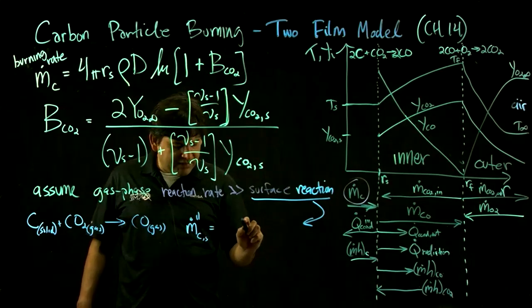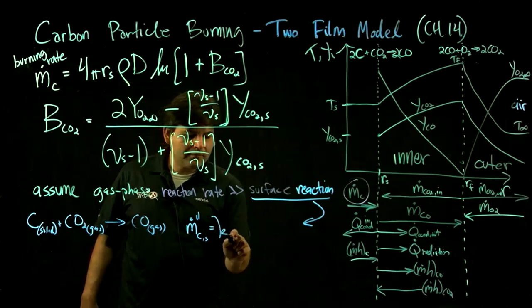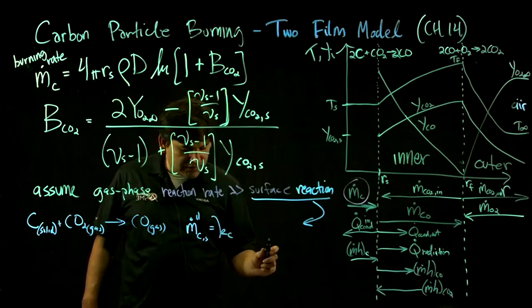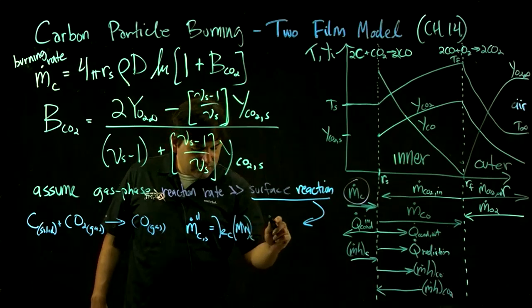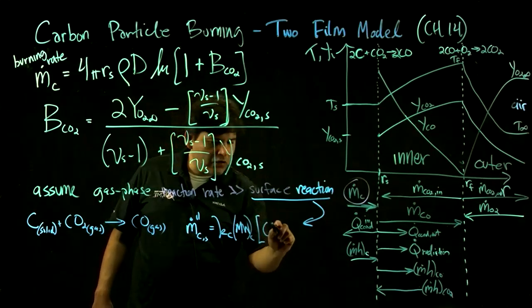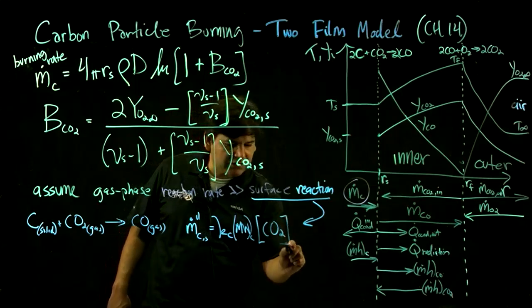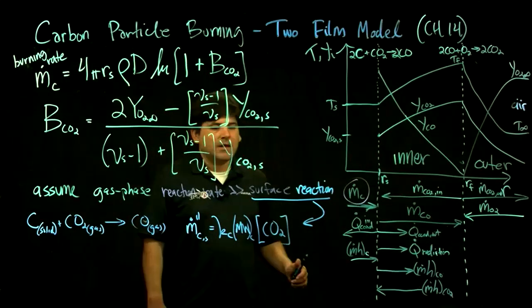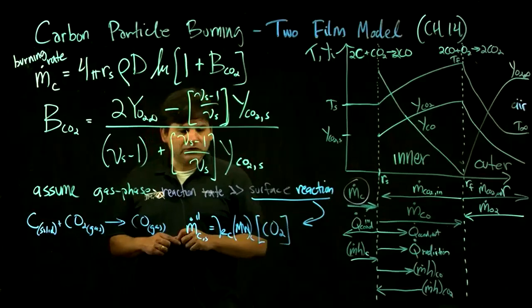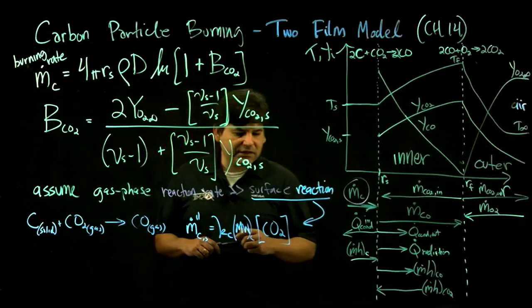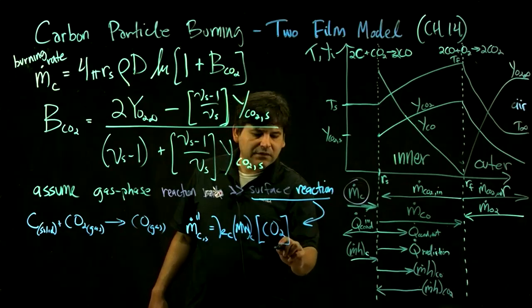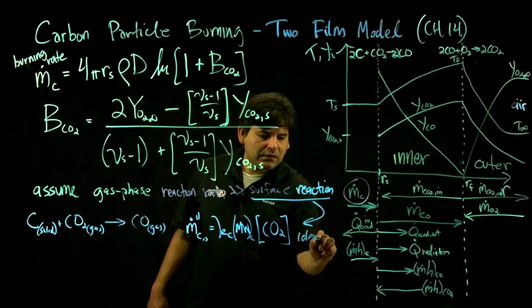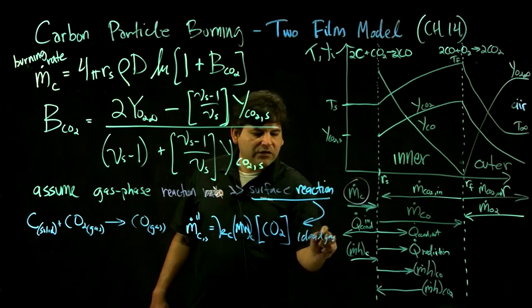It only depends on the rate coefficient of this combustion times the molecular weight of carbon, and it's first order in CO2. It only depends on the concentration of CO2, and this is by the ideal gas law.